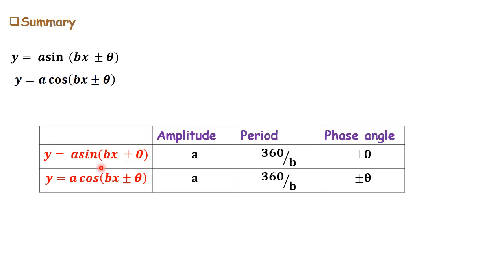So for example, if this was a sine bx plus 40, the phase angle will be plus 40. Remember, we are supposed to put the positive sign, plus. Don't just assume 40 is positive. Put plus 40. Again, the same thing for this: if we have bx minus 70, then the phase angle will be minus 70.